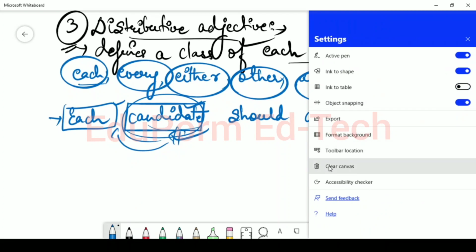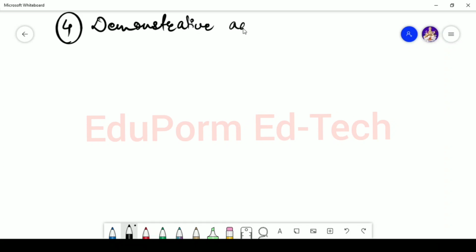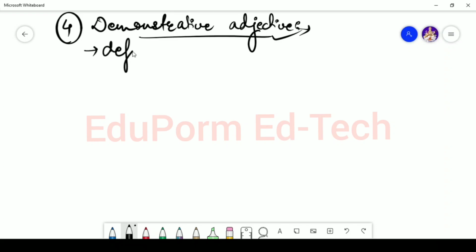Now let's talk about the fourth type. The fourth type of adjective is demonstrative adjective. Demonstrative adjectives basically define a noun.